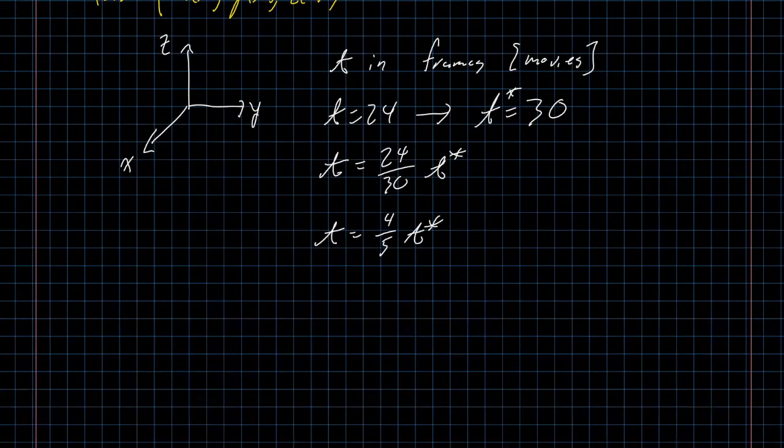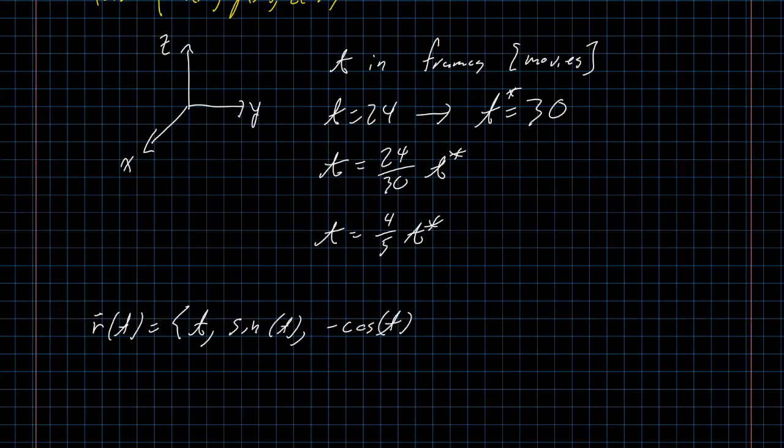All right, so that gives us a change of coordinates based on a unit conversion. It's not one that you're all that familiar with, but it should kind of make sense, and it's one that video analysis software is very familiar with. So let's consider a specific curve here. r of t is going to be given by t, sine of t, negative cosine of t.